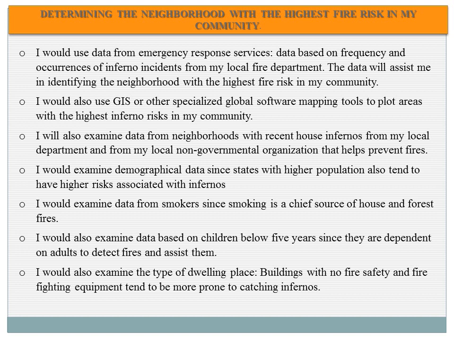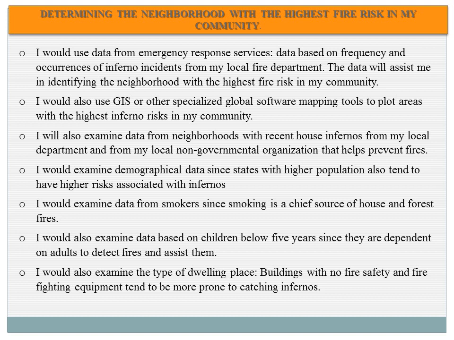That means, by evaluating this data, I'm able to know how to respond to various emergencies. Step number 2, I would also use GIS or other specialized global mapping software tools to plot areas with the highest inferno risks in my community.